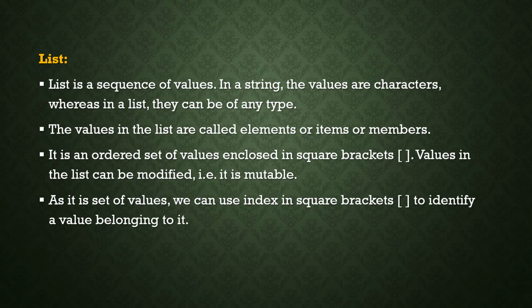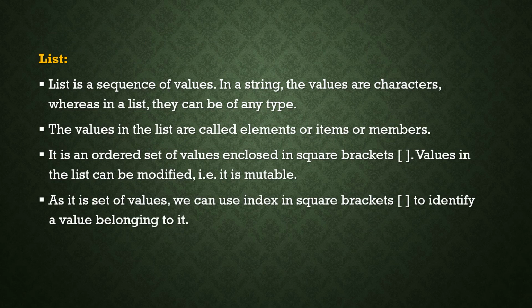And strings also, actually string values can be included in a list, but a string is immutable but a list is mutable. Okay, the values in the list are called elements, items or members.